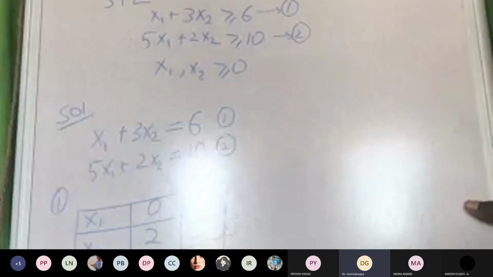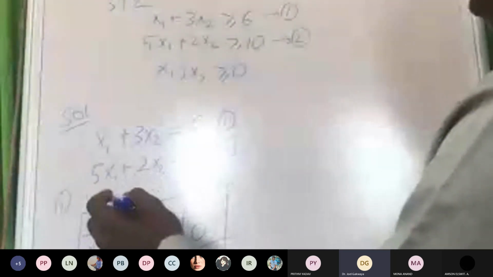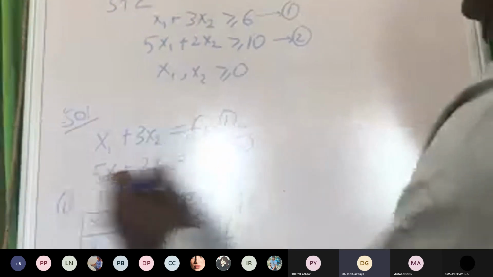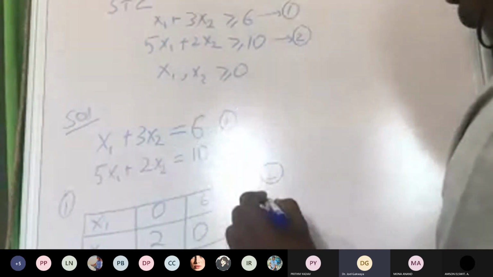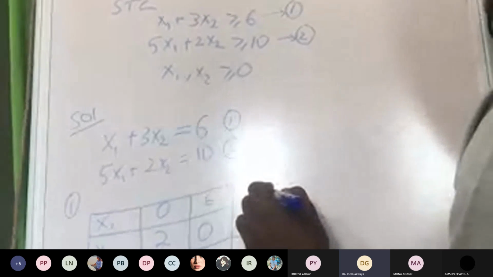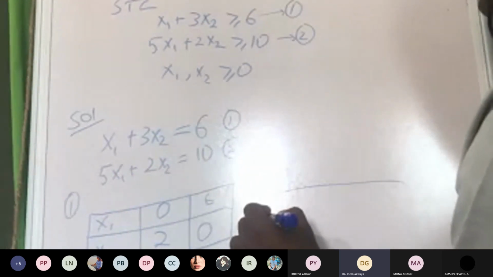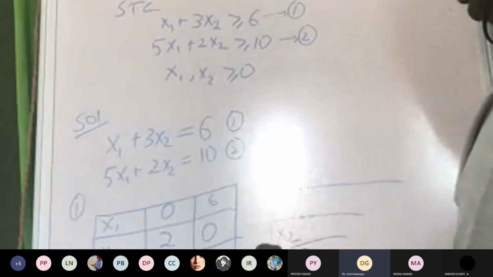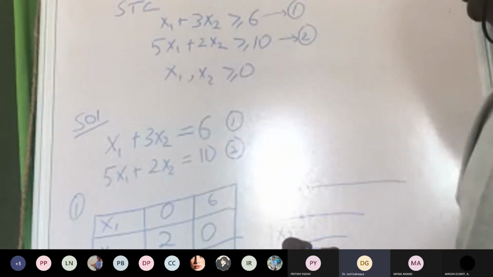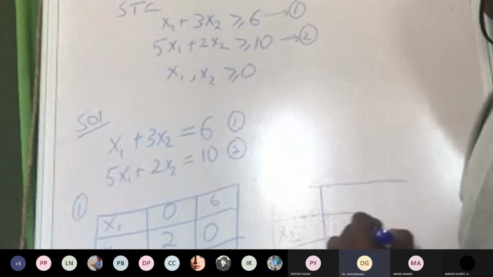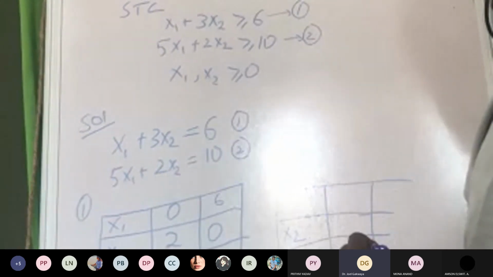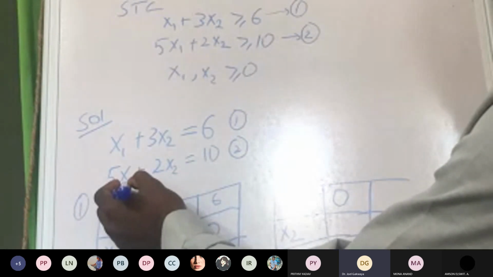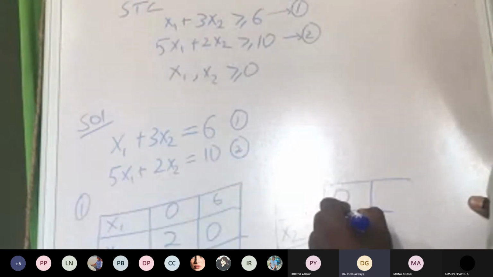Clear? Now allow me to do the same for the second equation. This is 1 and this is 2. For the second equation we have x1, x2, and the coordinates x1, comma x2. Where x1 is equal to 0, what is the value of x2? x2 is equal to 5.